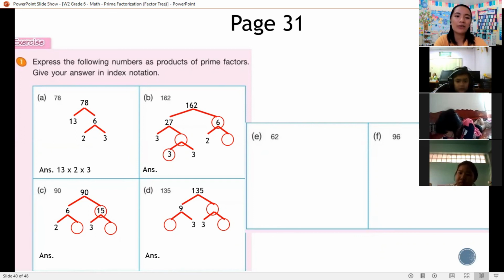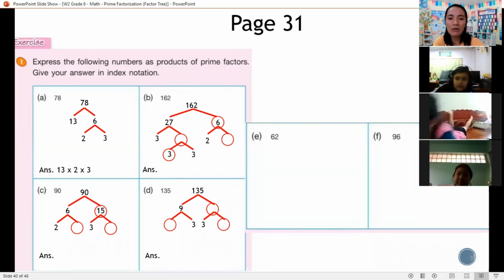Let's look at letter A. The correct answer is 13 times 2 times 3. Is that your answer? Wow, very good. How about letter B? What are the missing numbers here? Can you give me the missing number under 27? What is it? 9.